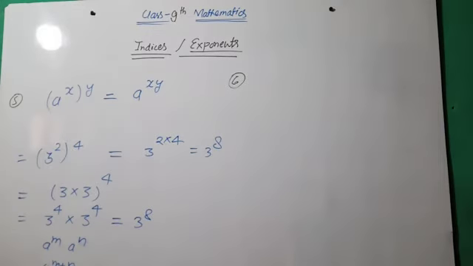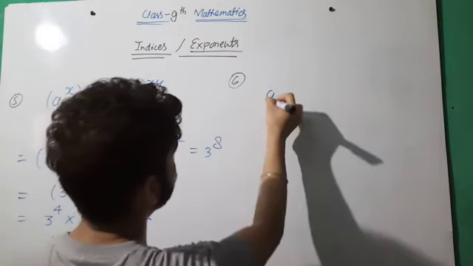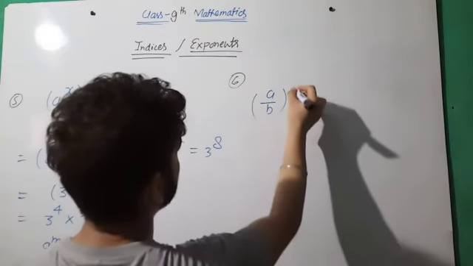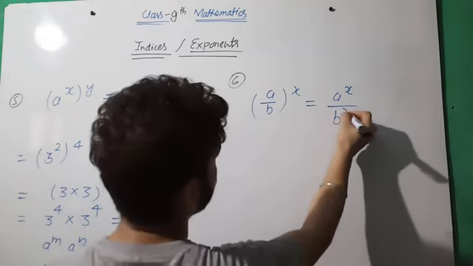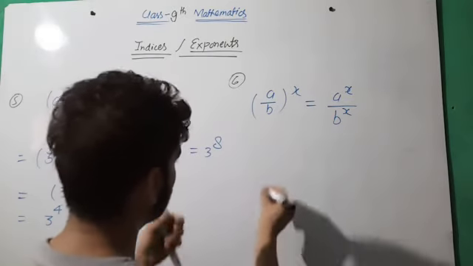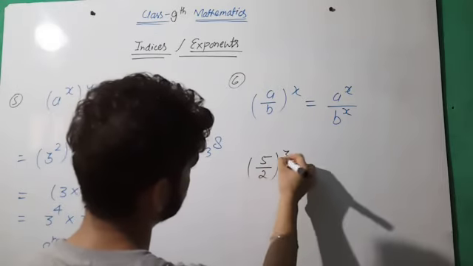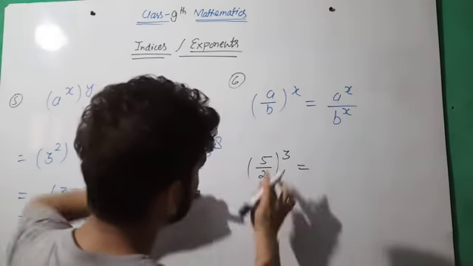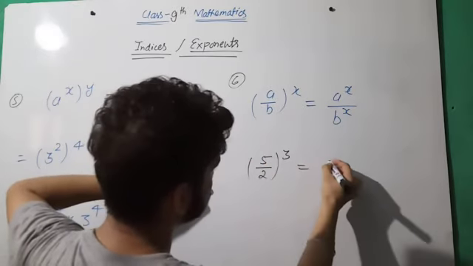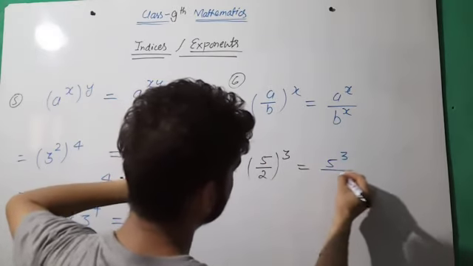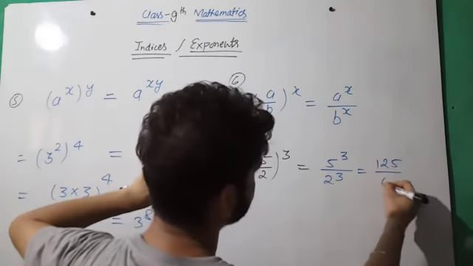Now we have the same power with two different bases: a upon b, to the power x, is split as a to the power x upon b to the power x. For example, we have 5 upon 2 to the power 3. We can say this is 5 cube upon 2 cube, that is 125 upon 8.